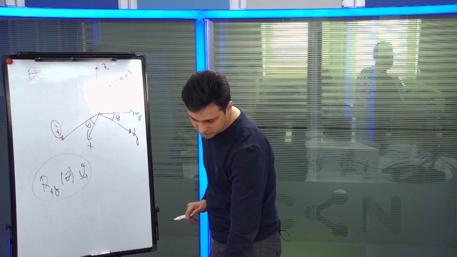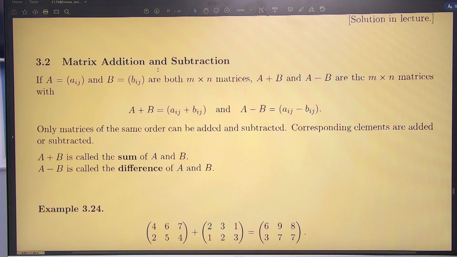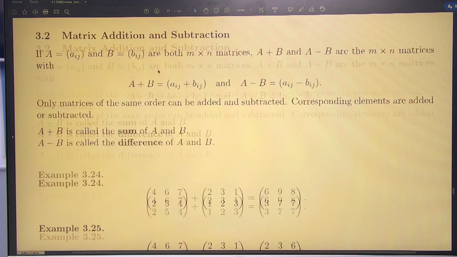So now, another topic is matrix operations. Matrix addition and subtraction. Of course, to sum two matrices, we need the same dimension for A and B, and also to subtract one matrix from another, we again need the same dimension.